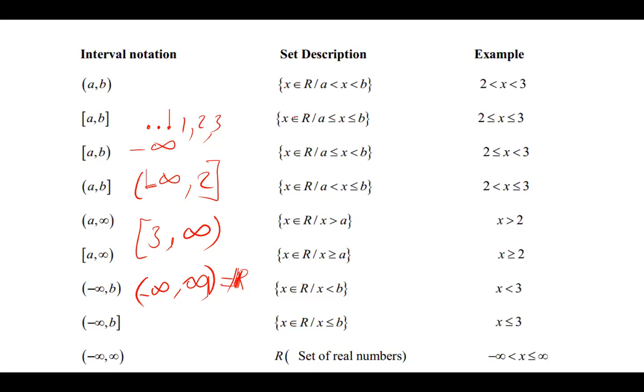It's not actually a slash, it's supposed to be a straight line like this. So some people use a comma, some people use this. It just means where. So X is a member of R where A is less than X, which is also less than B. All right, do you still have questions before we proceed?